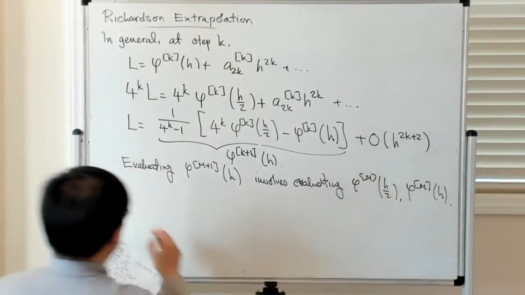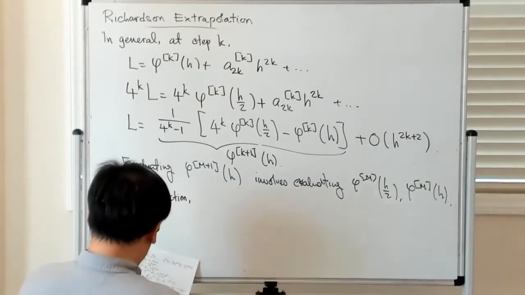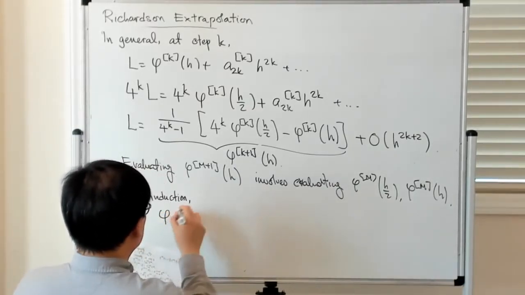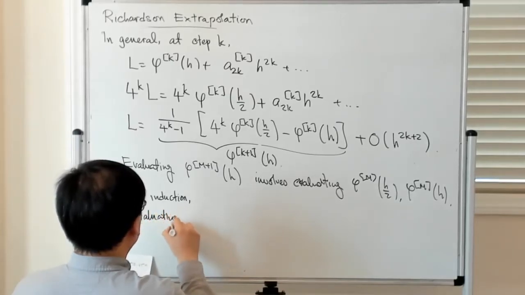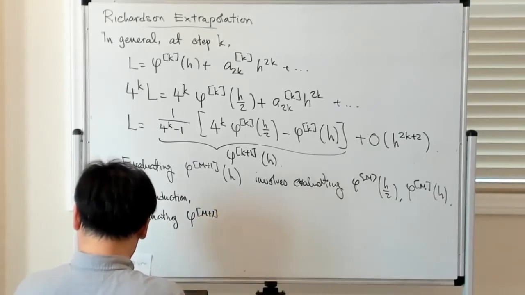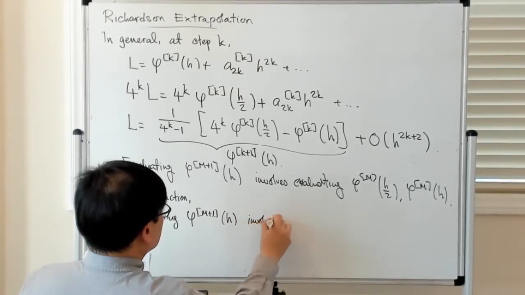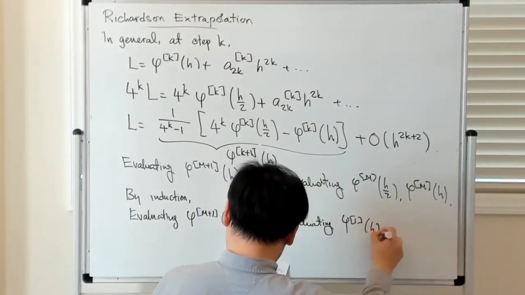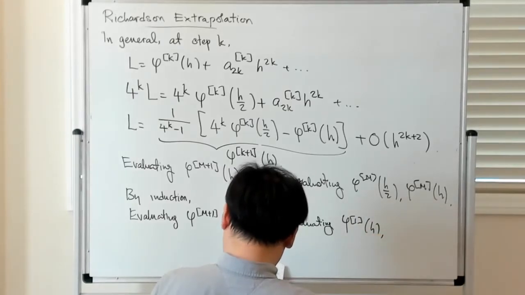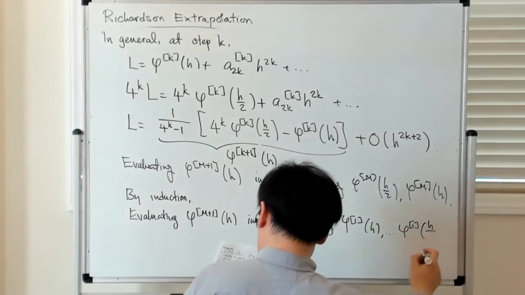And you can see by induction, I'm not going to go too much into details, but it's fairly easy to set up the induction, that evaluating phi m plus 1 h involves evaluating phi 1 at h all the way up to phi 1 at h over 2 to the m.